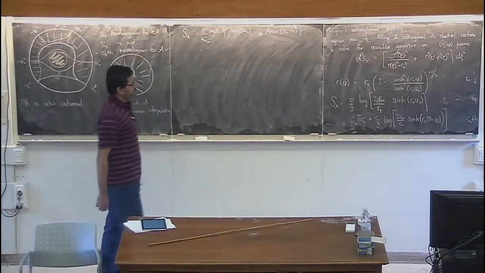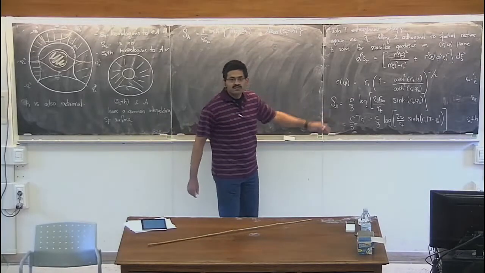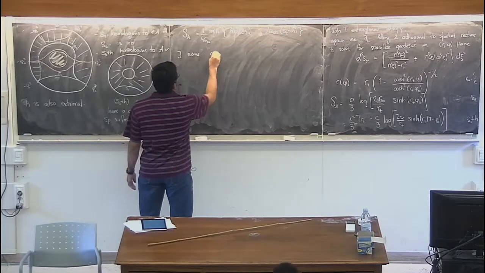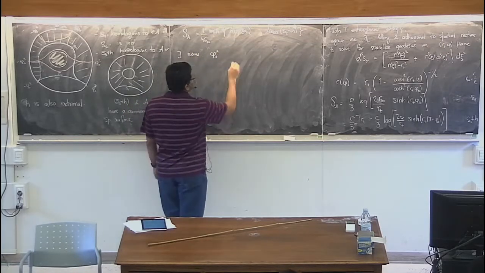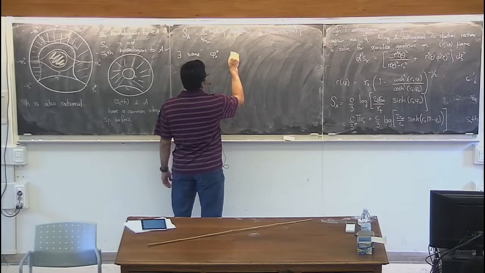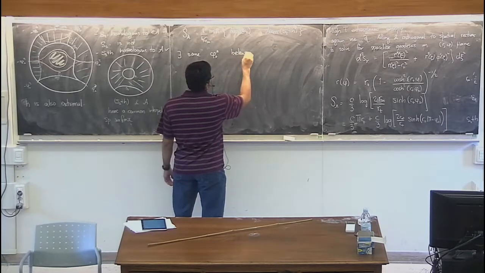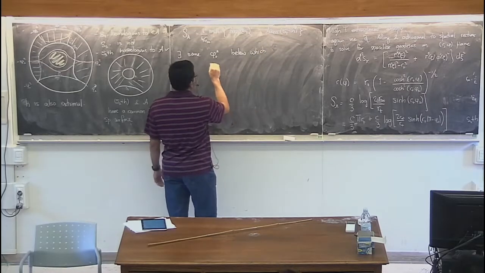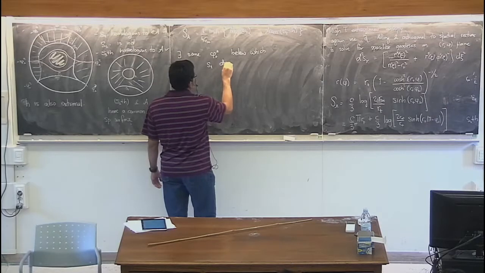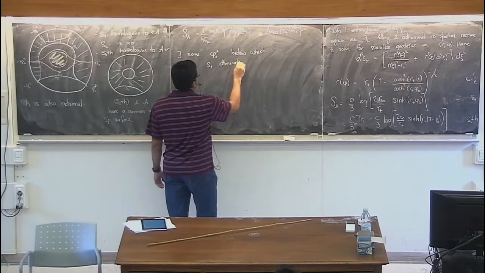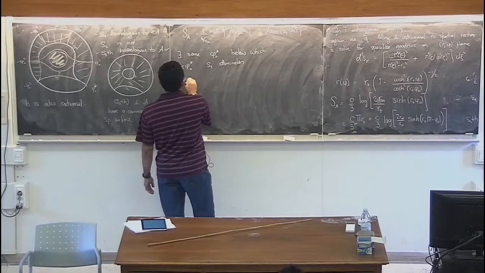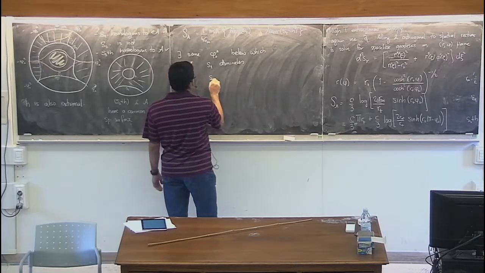And now it's a matter of comparison. You just have to minimize these two functions. So there exists some phi critical below which S1 dominates and above which S2 plus H dominates.